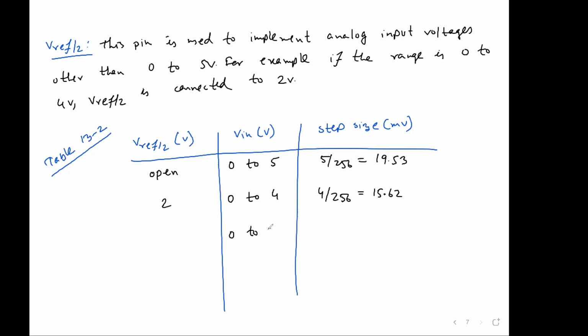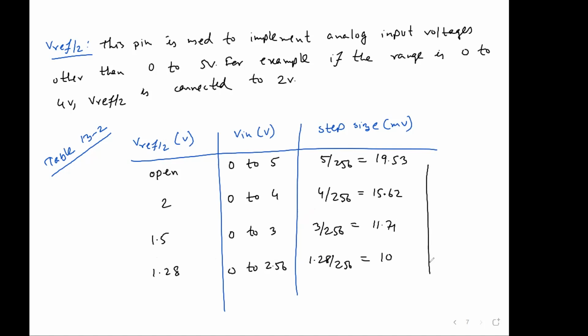Similarly, if we go from 0 to 3, your Vref by 2 will be connected to 1.5 volt. So the step size will be 3 divided by 256, and it will be 11.71. Finally, if the range is from 0 to 2.56 volt, then your Vref by 2 will be connected to 1.28, and 1.28 divided by 256 will give you 10.